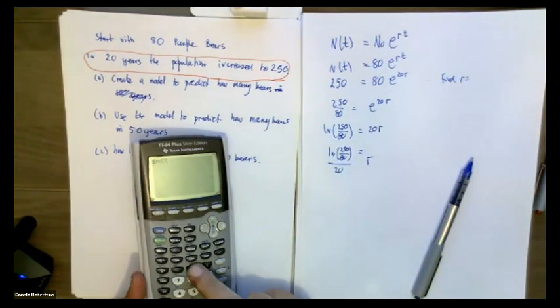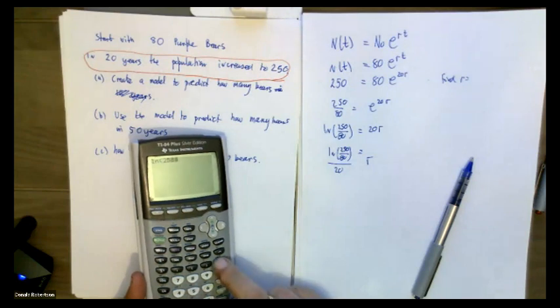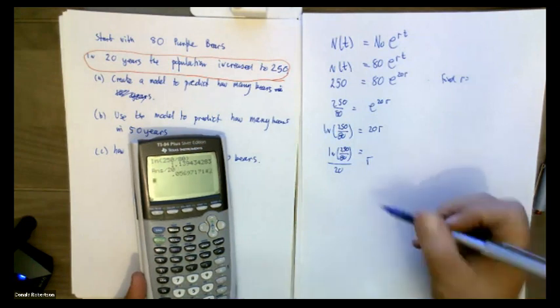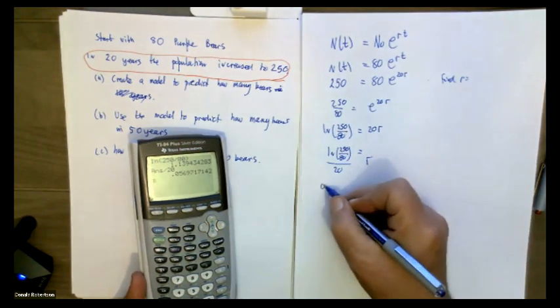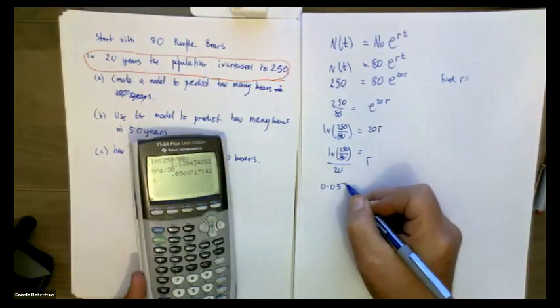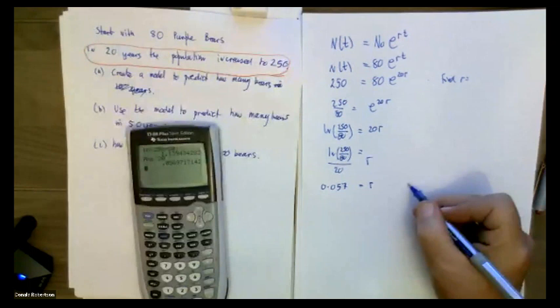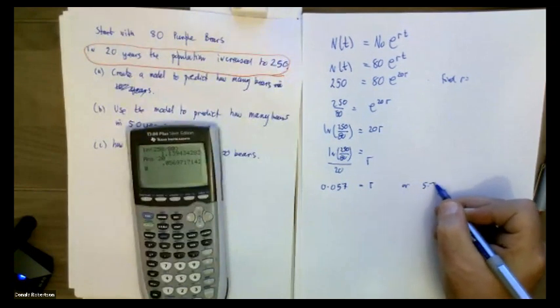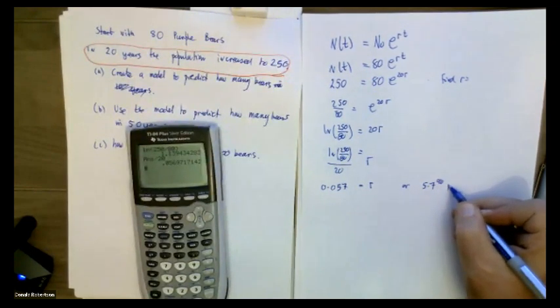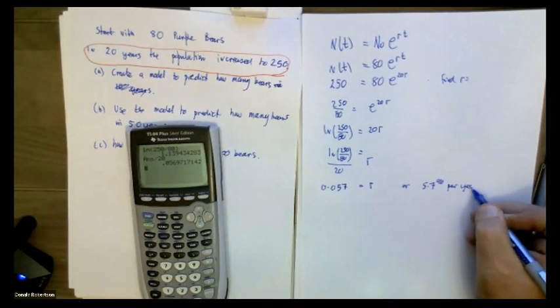It's the natural log of 250 divided by 80, that bit, divided by 20. And so the relative growth rate is 0.0583, let's say to 3 decimal places, or about 5.7% per year. That's a pretty healthy growth rate.